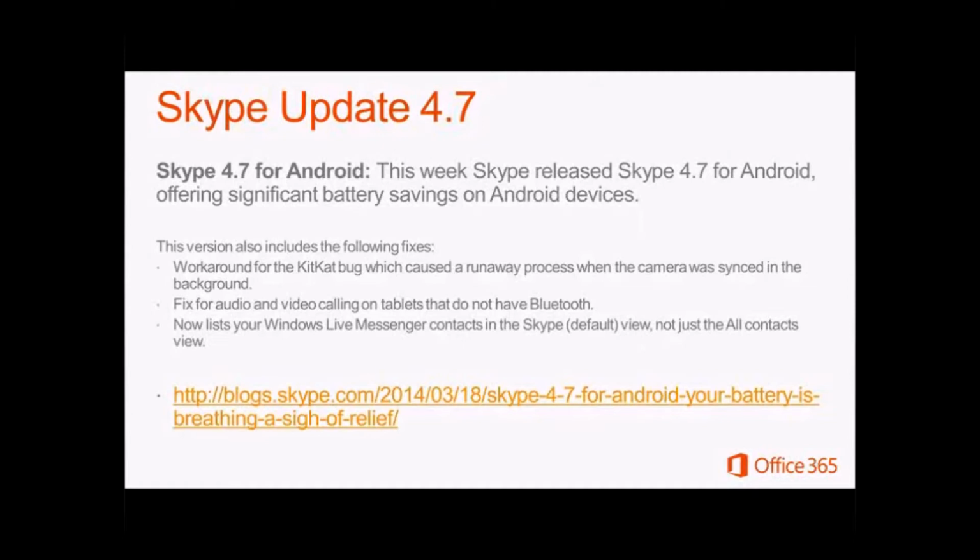So 4.7 is an update, and let's pick up Android here because this is the latest version that we published. 4.7 is available on all the platforms. The previous publishing was for the Android platform a couple of days ago, and what we fixed on Android with Skype 4.7 were a couple of really important things, for example the contact list, and audio and video limitations that we had on devices that have no Bluetooth, and also some camera issues specific to Android devices.